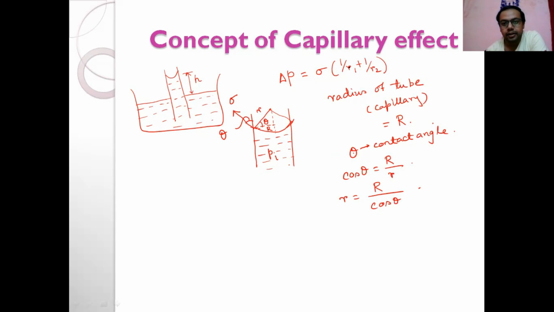Here, in this equation, R1 and R2 are equal to r, because the surface is like this, so all portions have equal curvature.